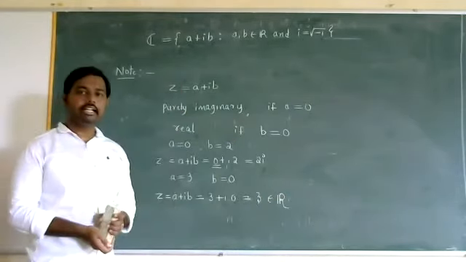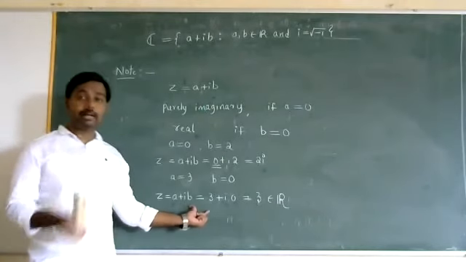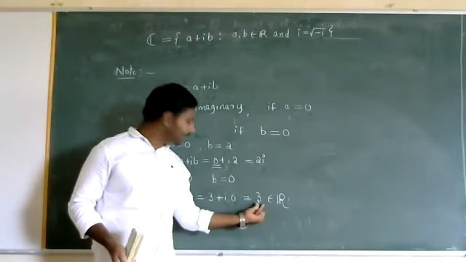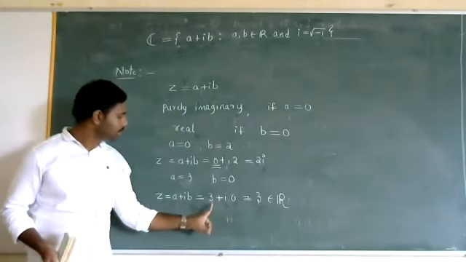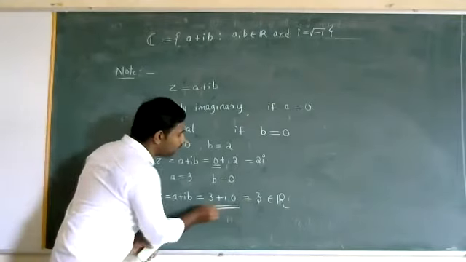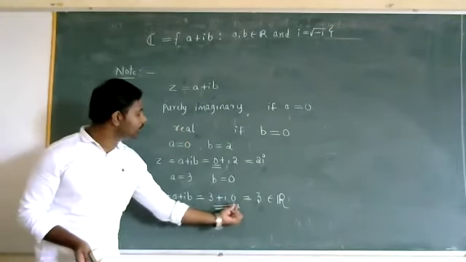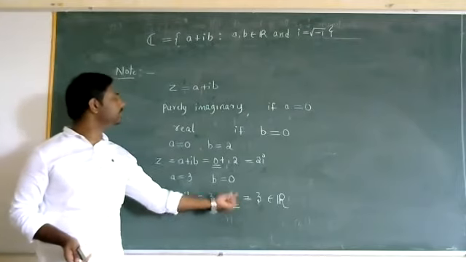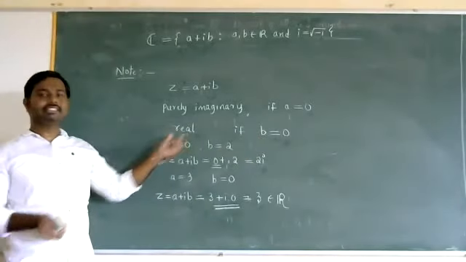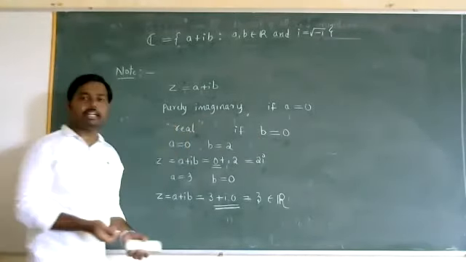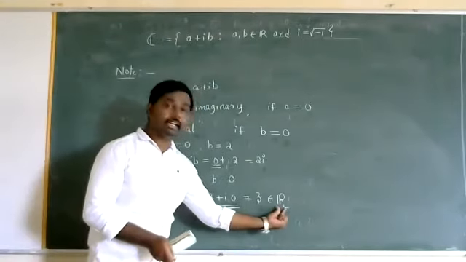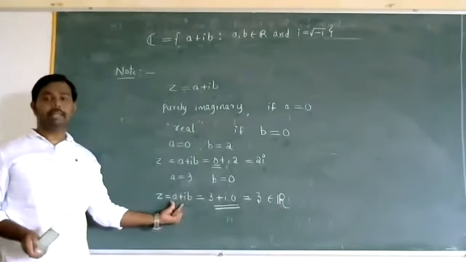In this way, you can observe that any real number can be expressed in the form 3 plus i into 0, which is a complex number whose imaginary part is 0. Hence, that complex number is called real.